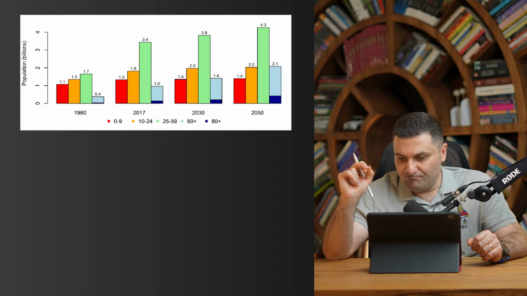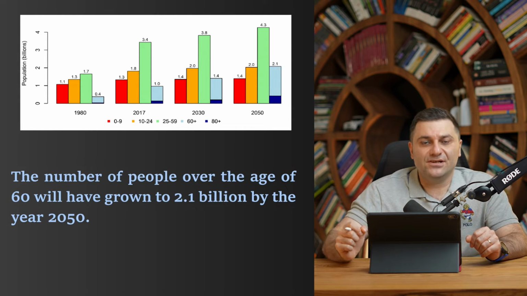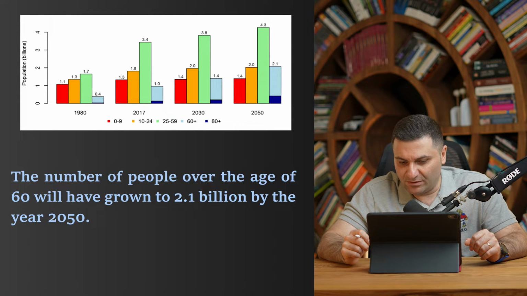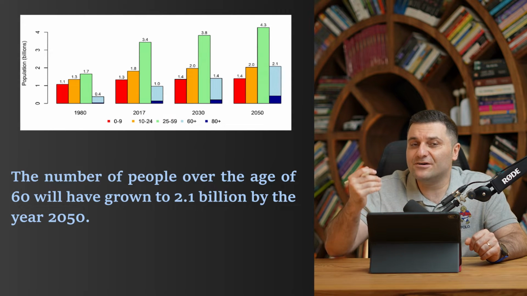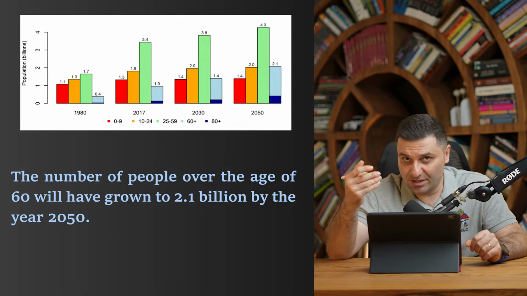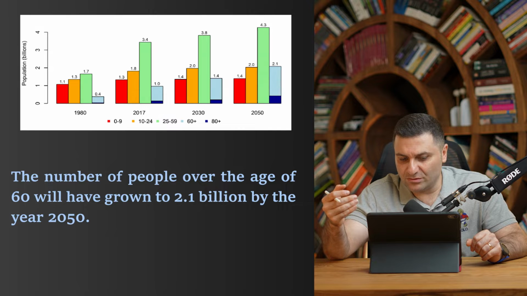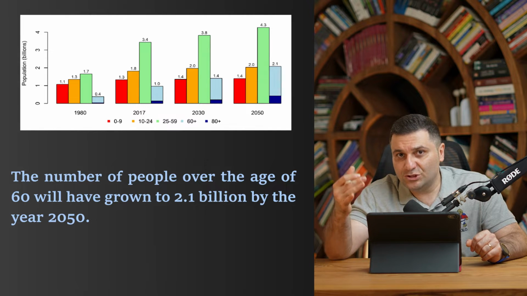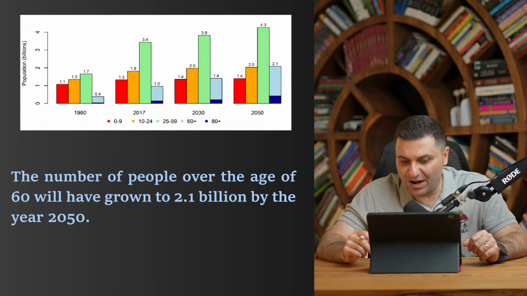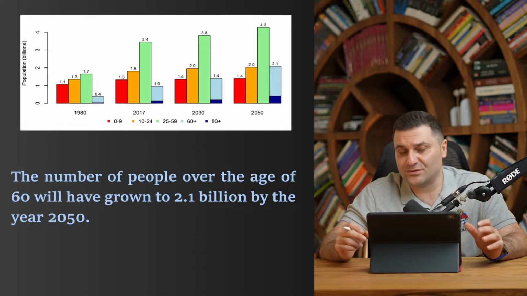So, as you see, in 2050, the number of people over the age of 60 will have grown. The number of people over the age of 60 will have grown to 2.5 billion by the year 2050.